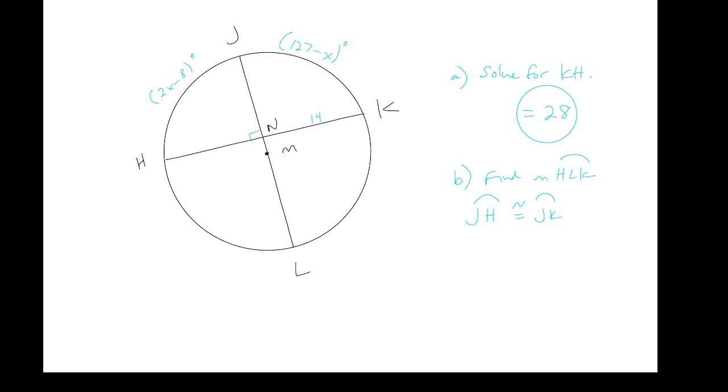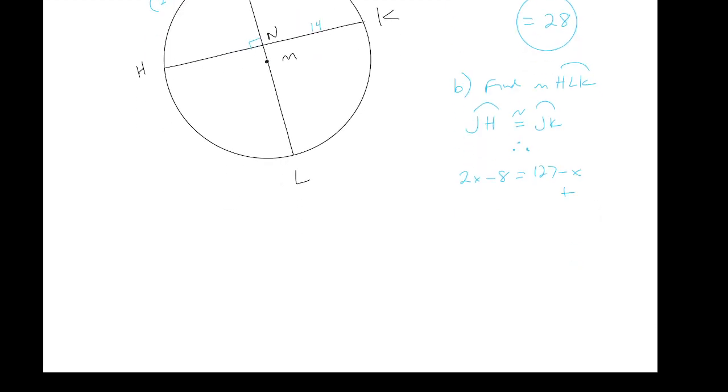So, because that's the case, then we know 2x minus 8 is going to be equal to 127 minus x. And then we're off to the races with solving an algebraic equation, right? We're going to add x to both sides. So 3x minus 8 is equal to 127, plus 8, plus 8. So 3x is going to be equal to 135.